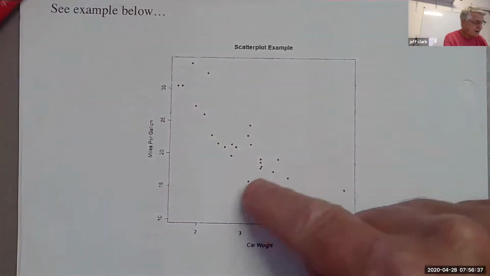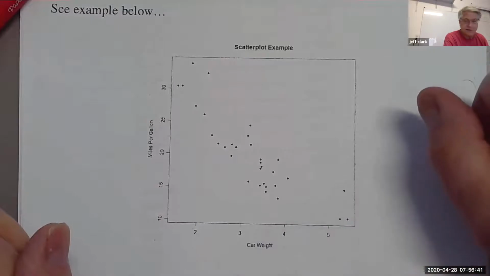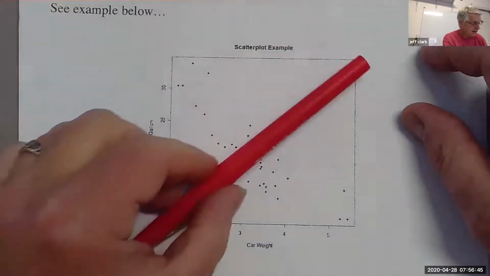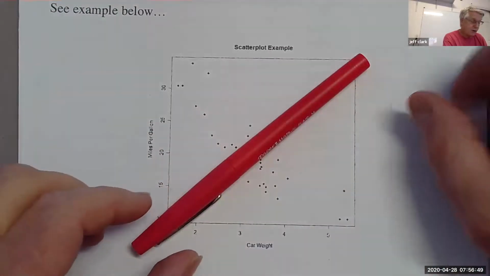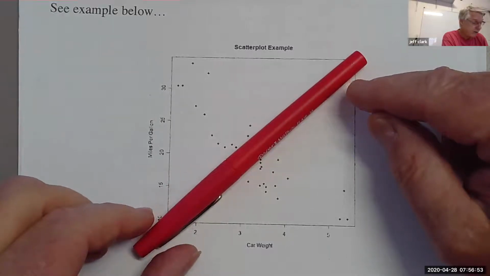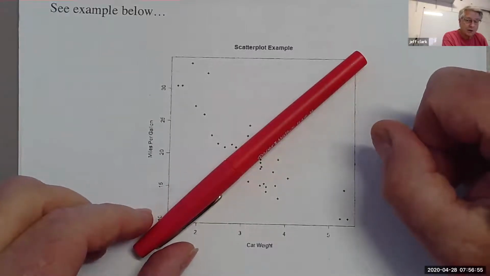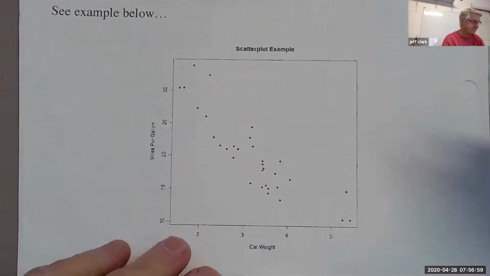If the dots are all over the place, which you'll see in some other examples, you'd say there's no relationship. And if there is a line of dots going up to the right, and they're pretty close to the line itself, and you'll see a couple of those, then you might say there's a strong positive relationship. I'll show you some examples in a second.